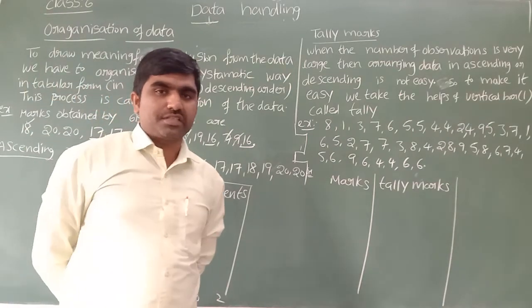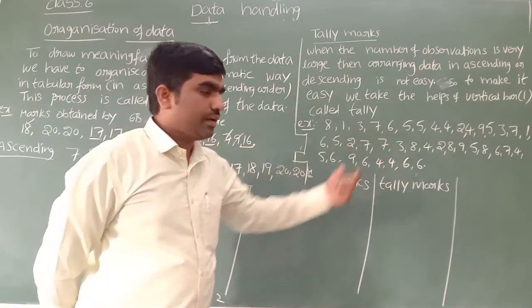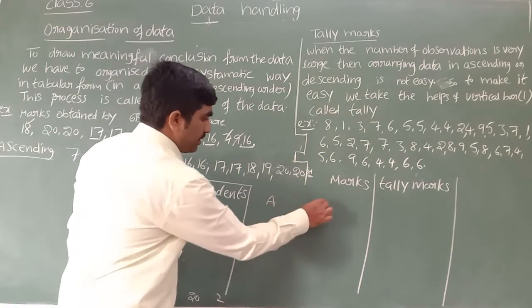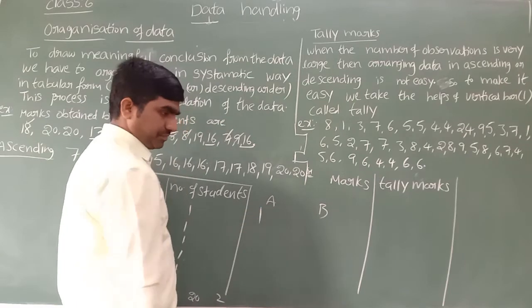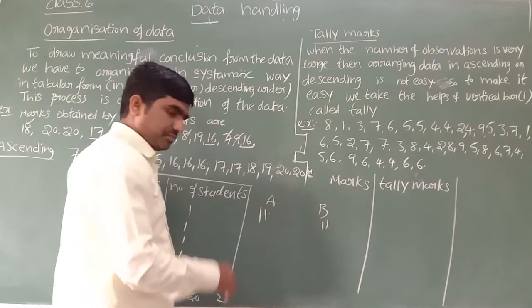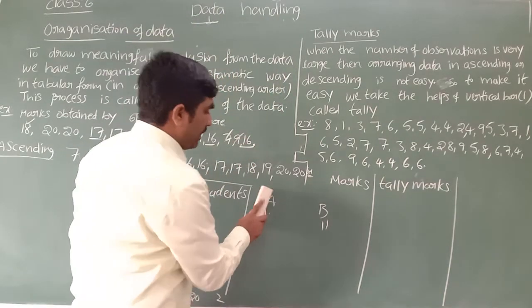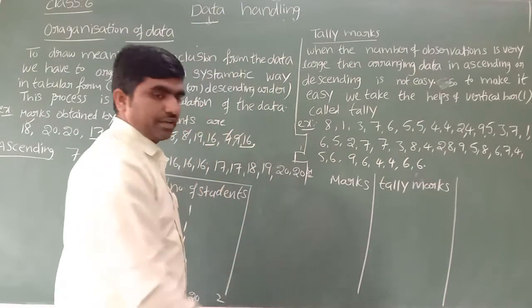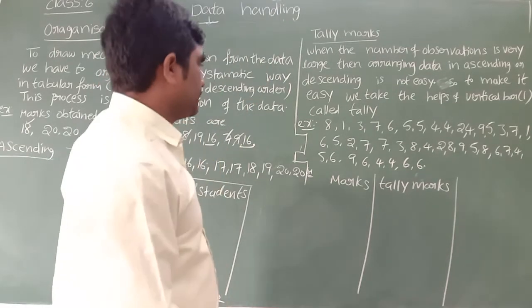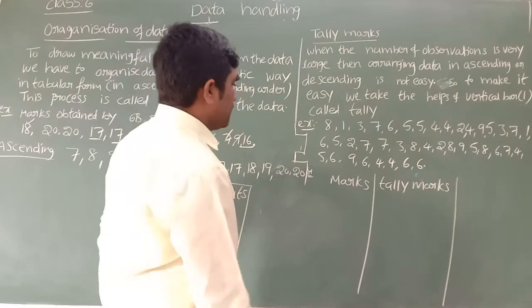Suppose on Mathematics Day we conducted a quiz competition, team A and team B. Team A gets 1 point, team B gets 1 point, and so on. For running counting, we can use tally marks especially. And also we can use them when we have a large number of observations.